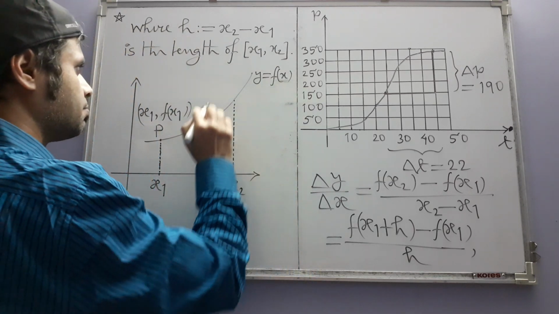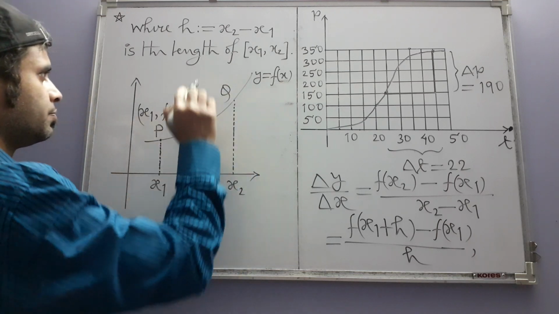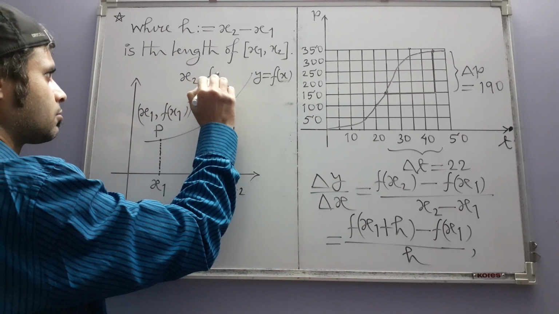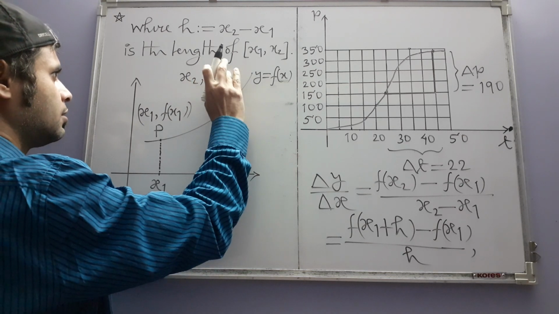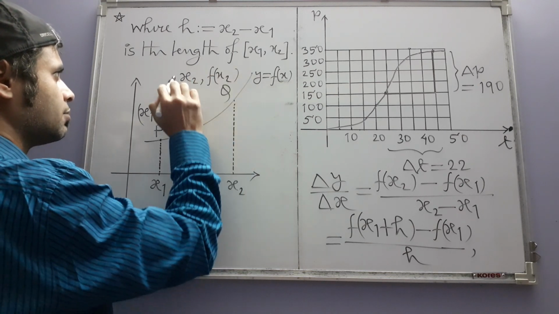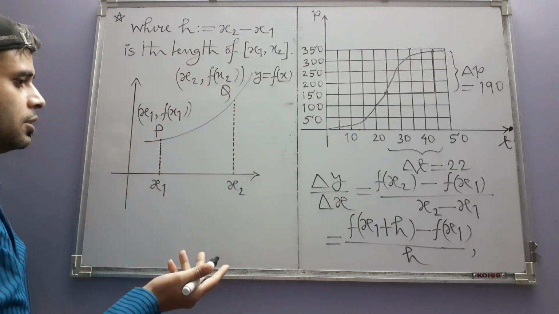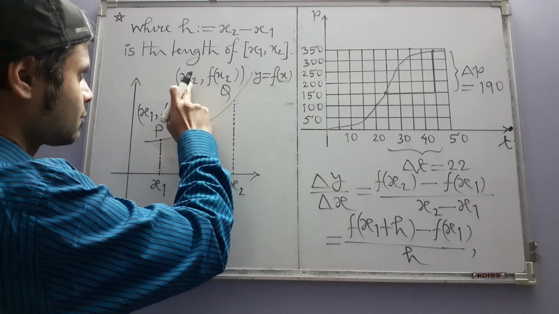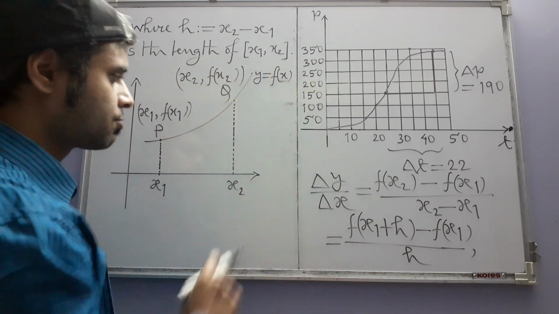So, say this is the point Q and its coordinates are x2 comma f of x2, which if you want to express in terms of x1, you can write x1 plus h comma f of x1 plus h.